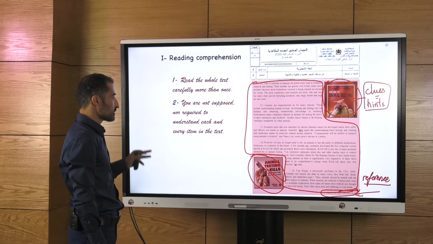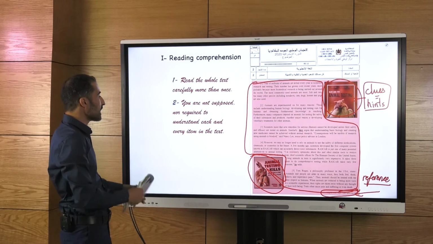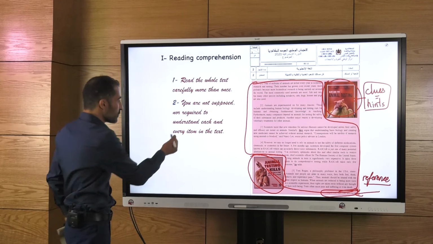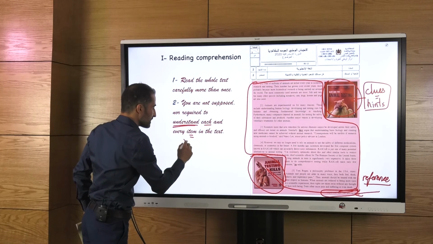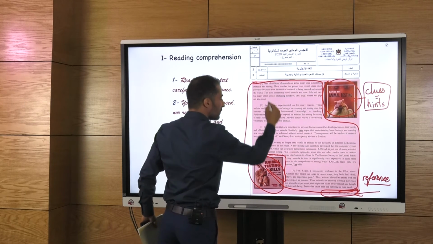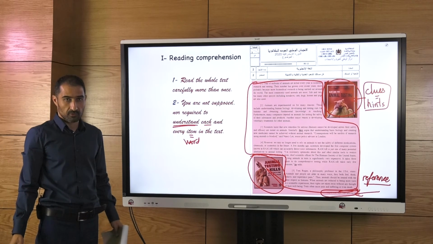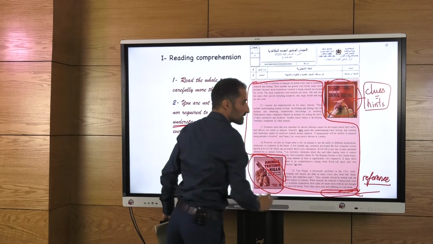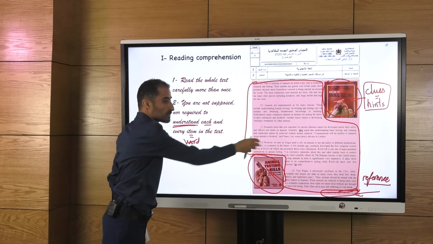Now next, something which is very important. You are not supposed to, nor required in fact, to understand each and every item, which means each and every word. For example, I should know the meaning of all the words which are in the text. No, that's not the reading comprehension task. You should know the meaning of the whole text. That's your job. So focus on the meaning of the whole text.